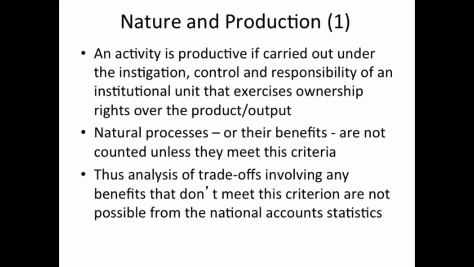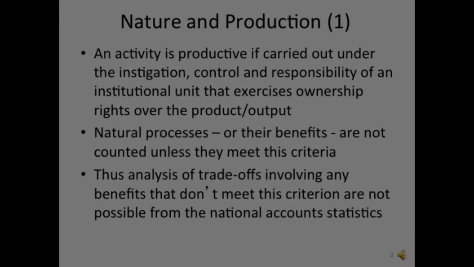So the analysis of trade-offs involving any of these benefits that don't meet the criteria, like the fish out in the lake or in the ocean, or the growth of trees in a forest that is part of the public lands or not part of the work of a timber plantation or other type of forest plantation, are not included within this framework, and thus the trade-offs involving such benefits can't be assessed from the national account statistics that we have currently.